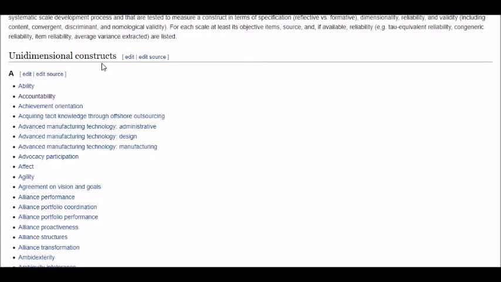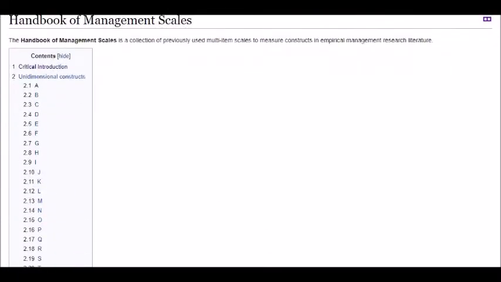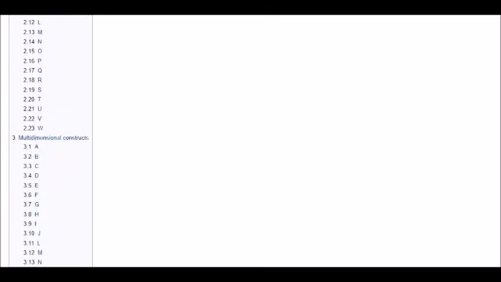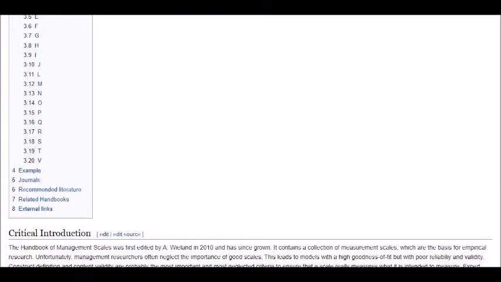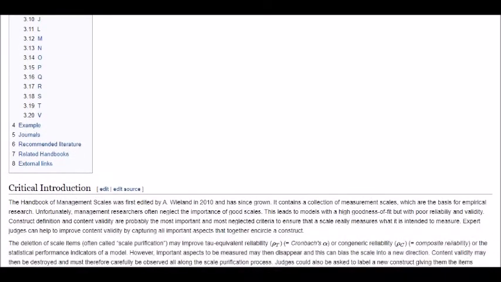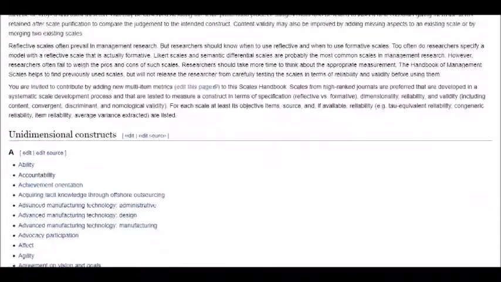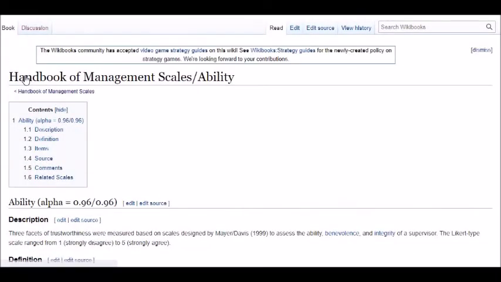Now the first one is the unidimensional constructs. Now they have gone alphabetically, and here also he has mentioned it very clearly. Unidimensional constructs, can you see from A, B, C, D till U, V, W, and for multidimensional constructs they are till V. Then we will see what are the example journals, recommended related handbooks, etc. Now when I come to the unidimensional constructs, let me just click on ability and show you what we are getting here.